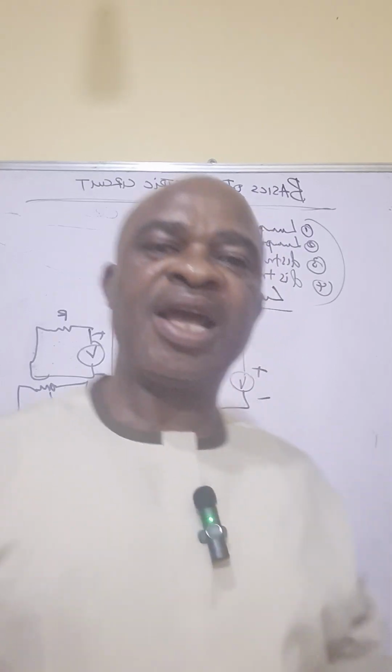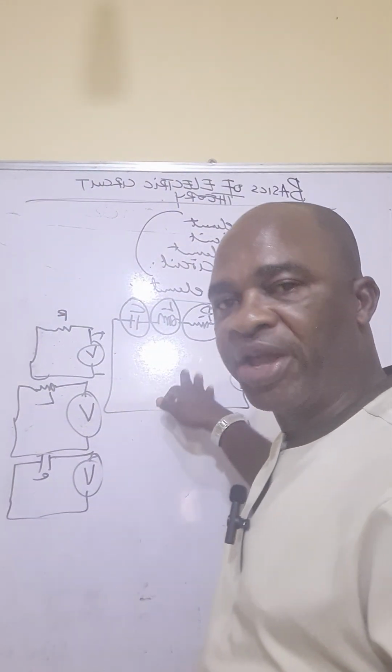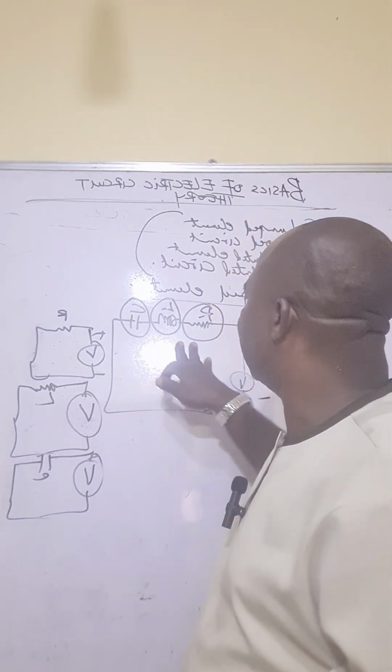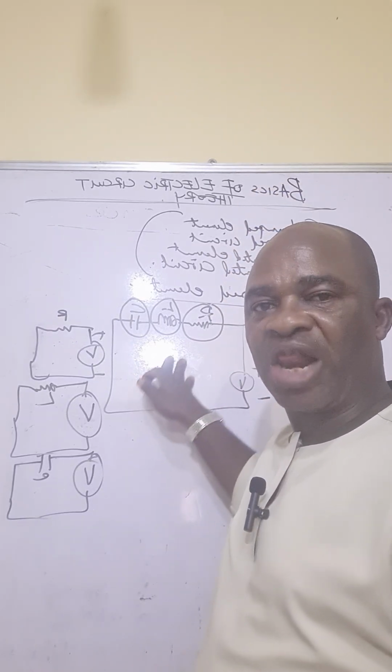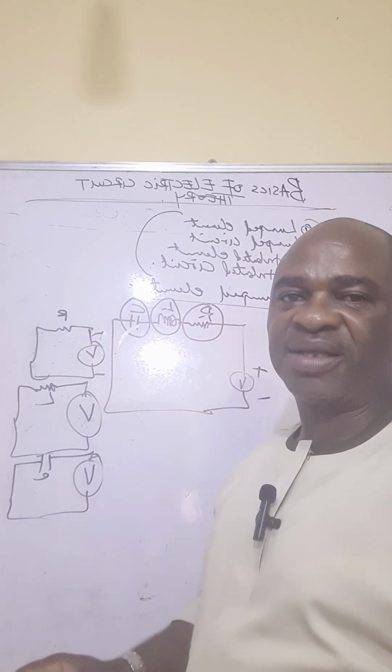And of course, the lumped circuit is almost what we have just drawn here. This is an example of a lumped circuit. And what is a lumped circuit? A lumped circuit is a circuit that contains the lumped elements.